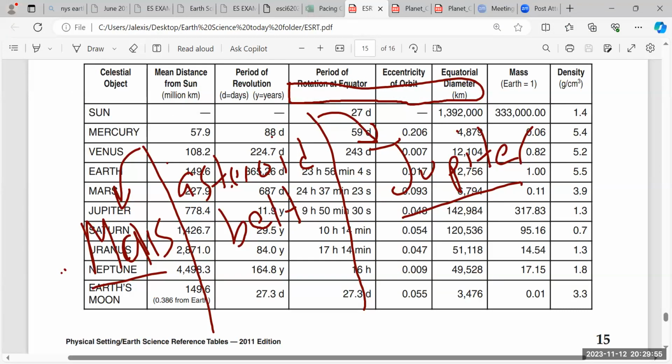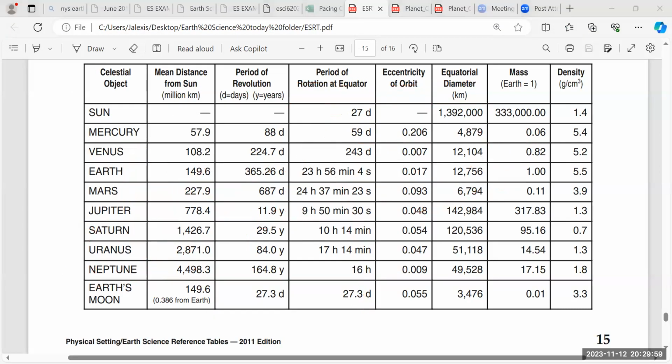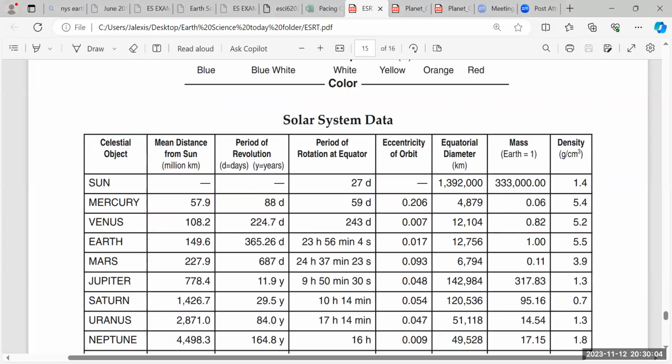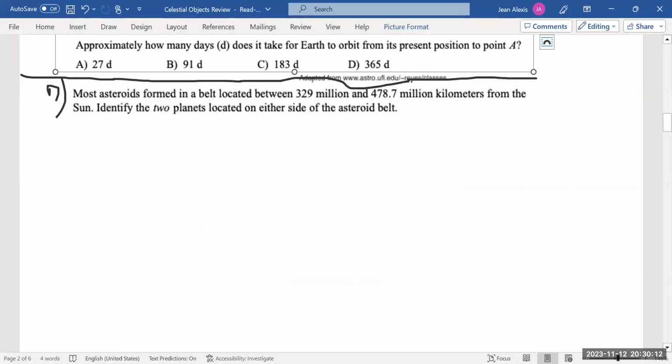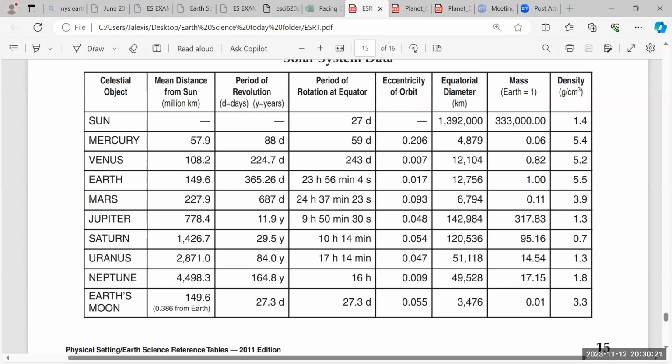If you go to page 15, and you're looking at the solar system data chart, when I look back at those numbers again, I see 329 million and 478.7 million.